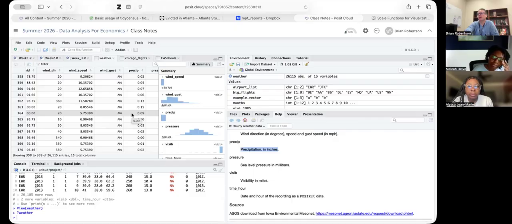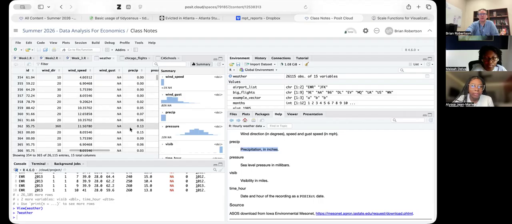We know that. But what we expect to see is that when this precipitation figure gets pretty high, that means we have a particularly strong storm. So we would expect to see higher cancellations as this number ticks up a little bit. So we're using precipitation in a way as a proxy for storm severity, right?